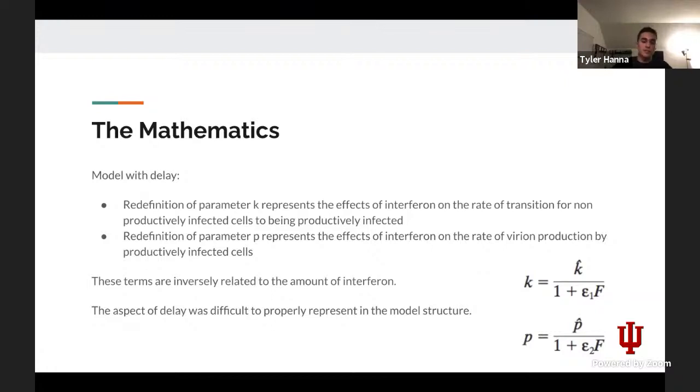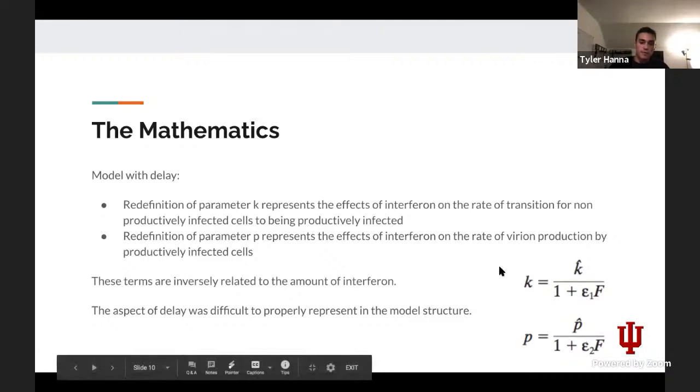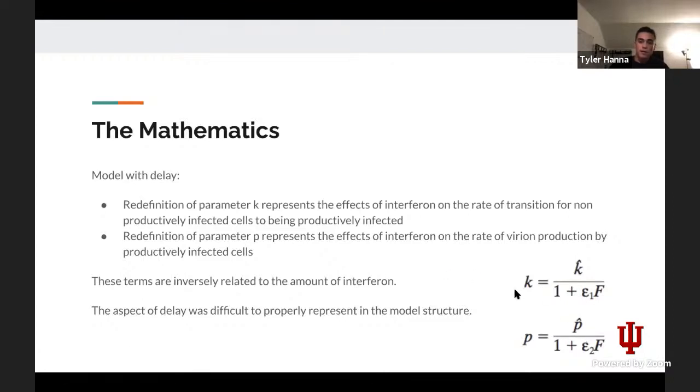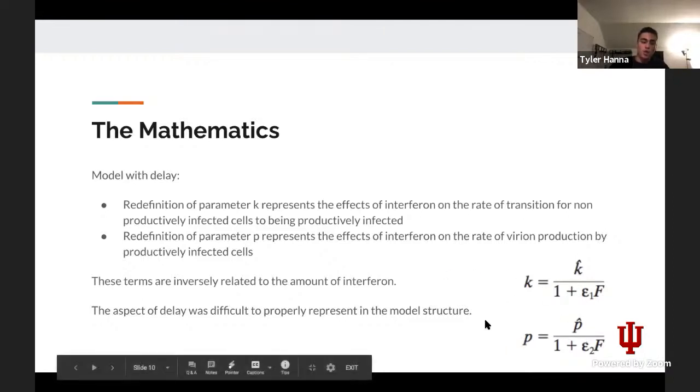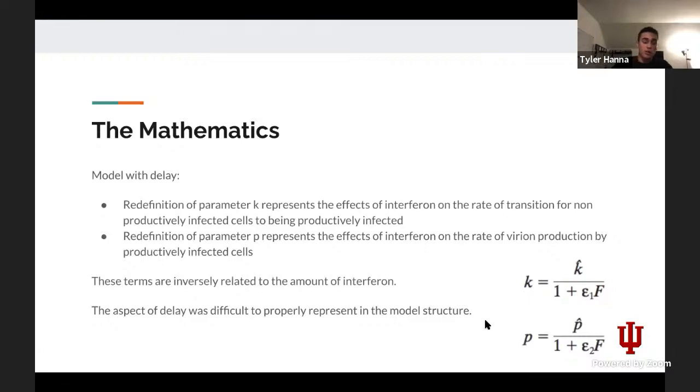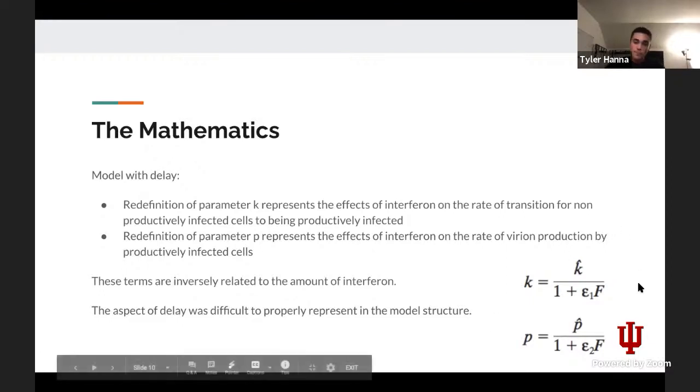With the redefinition of the transition rate as well as the viral production, we have this redefinition for K and for P, and these represent the lowering in the rate of transition and the lowering in the rate of viral production from infected cells due to the presence of interferon.